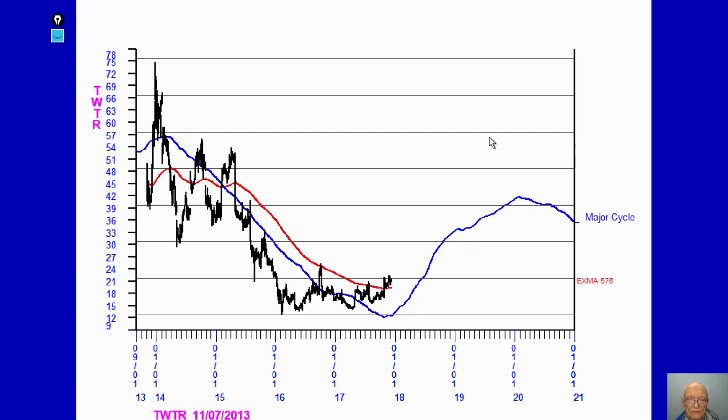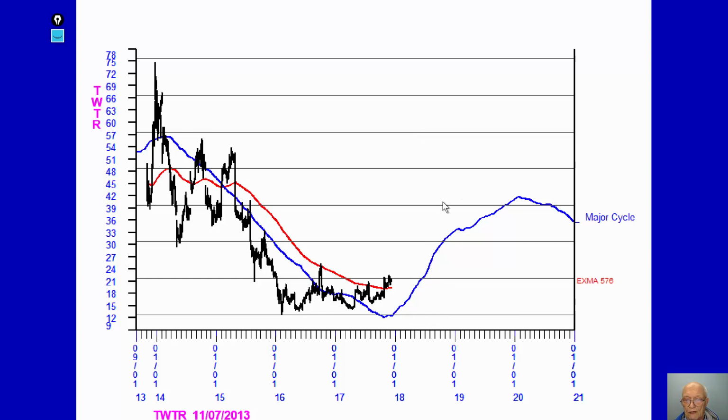And of course the forecast isn't worth a damn if it's not working. The way I tell if it's working is I run an exponential moving average. This one turns out to be an exponential moving average of 576 days. This was a chart of Twitter that I presented February 13th on Larry Pesaveno's radio show.